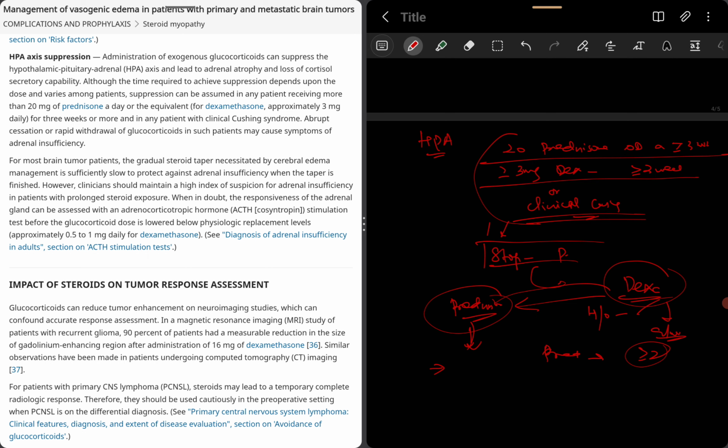So you have to give a challenge. You have to give an ACTH, cosyntropin stimulation test, before the glucocorticoid dose is lowered below physiological replacement levels, that is approximately 0.5 to 1 mg daily of DEXA. So before going below this level, you give the ACTH or cosyntropin test, and if cortisol levels improve, then you can lower the dose and rely on the patient's own adrenal glands to synthesize the cortisol levels required for proper functioning of the body.